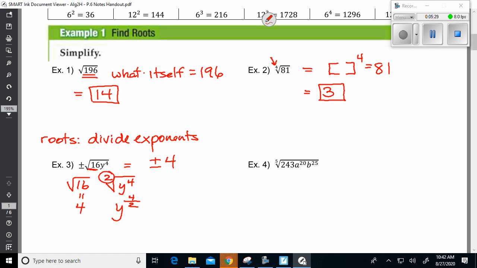The 2 will never be written. You have to put it yourself. Square roots have an understood 2. So when we divide, 4 divided by 2 is 2. So that becomes y squared. So your whole answer is 4y squared.